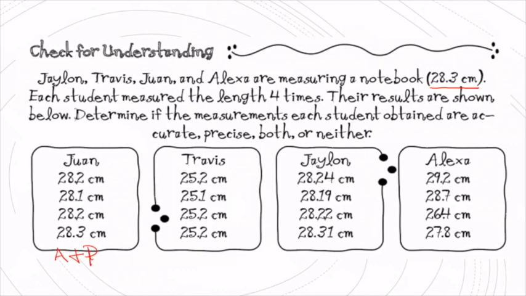Travis, his 4 measurements are all close to each other, but they're not close to the actual. So that would be just precise. Jalen's are all very close to each other.